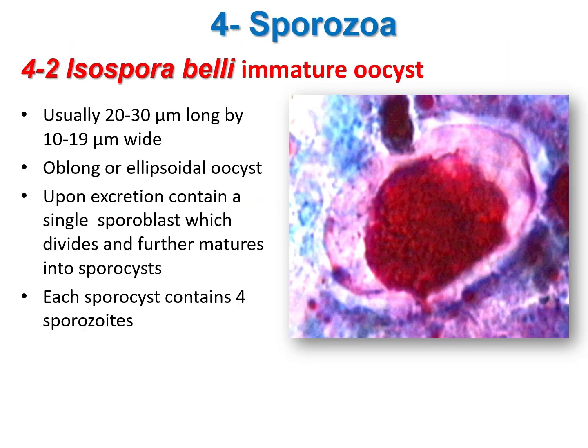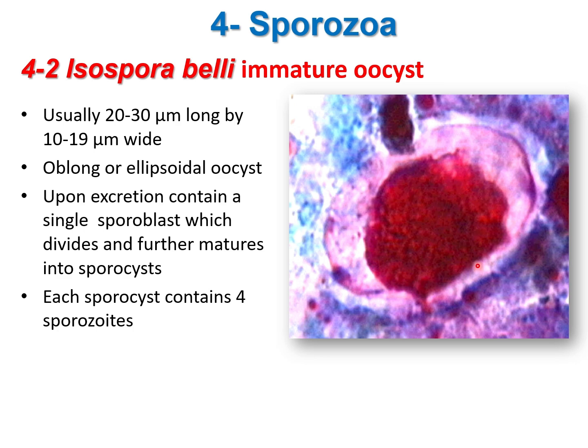Regarding Isospora belli, which is the second intestinal sporozoan parasite that is also more infective and more symptomatic in immunocompromised patients, the difference with Cryptosporidium parvum is that the oocysts that are shed in the feces of immunocompromised patients are usually not directly infective, which means that they are immature oocysts that are usually oblong to ellipsoidal, and as you can see here, upon excretion you can see a sporoblast that did not yet evolve to become sporocysts containing sporozoites.